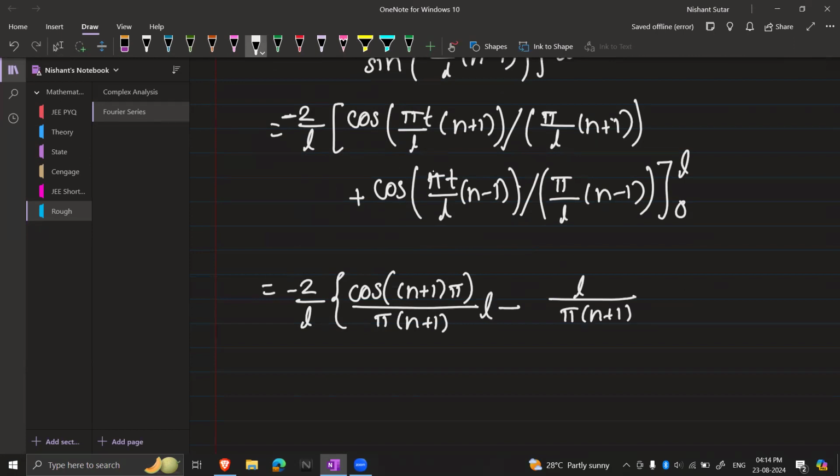Now for the next term, I will take the denominator outside, which is L upon pi n minus 1 into, if I put the value L, cos of n minus 1 pi, minus 1.